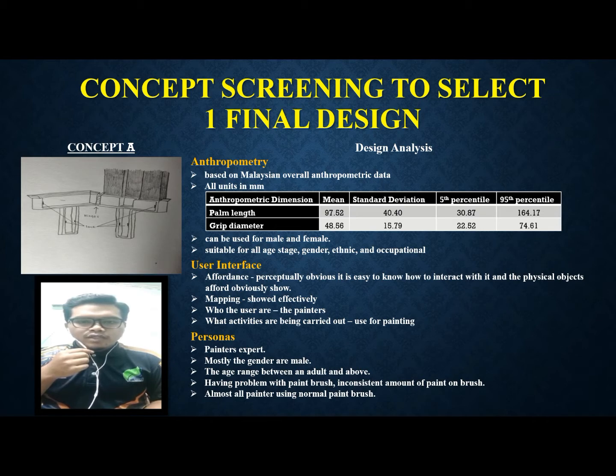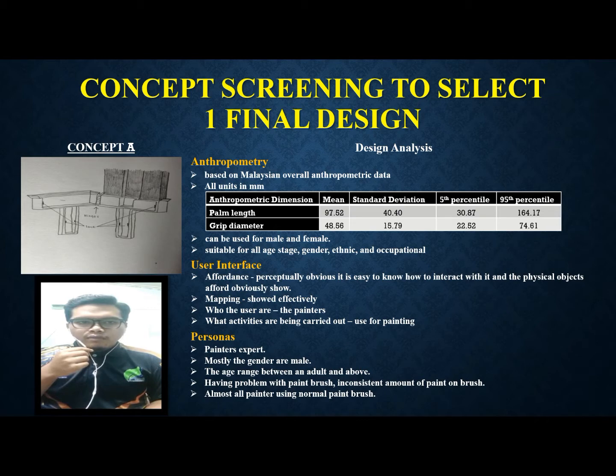The anthropometry of the concept is based on Malaysian overall anthropometric data, in the table where all units are in mm. For the anthropometric dimension of palm length, the mean is 97.52, the standard deviation is 40.40, the fifth percentile is 30.87 and the 95th percentile is 164.17.